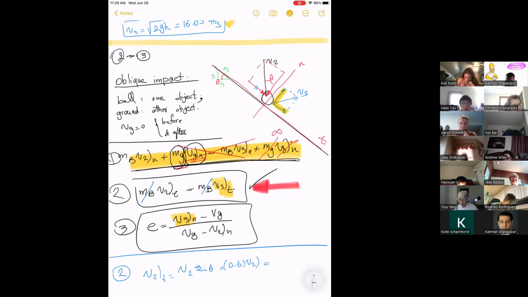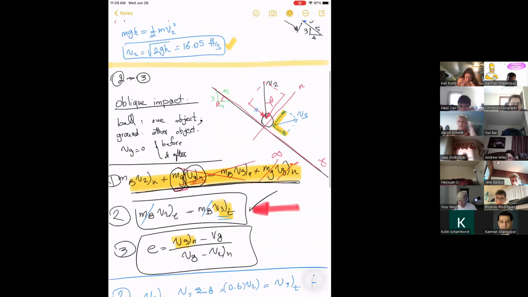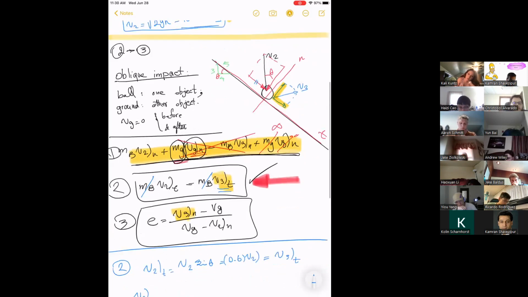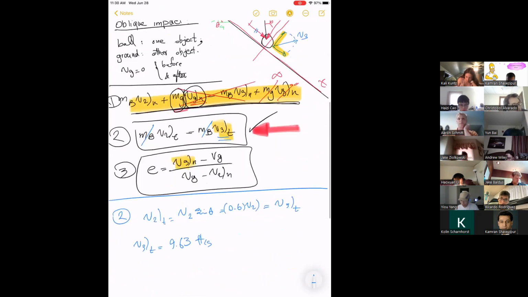And this will be V3 tangential after the impact. So V3 tangential, if you calculate this, the velocity was 16.05. You multiply by 0.6. 16.05 times 0.6 gives you 9.63 feet per second. So this is one of the unknowns.